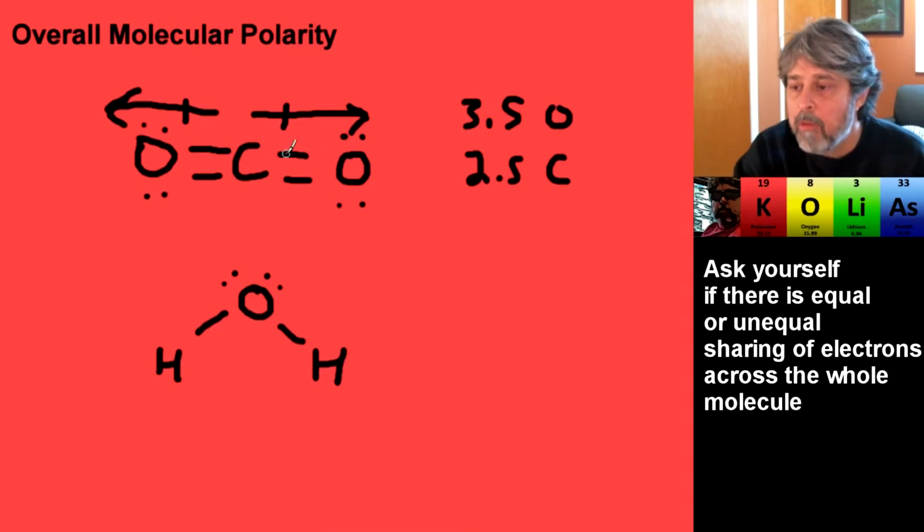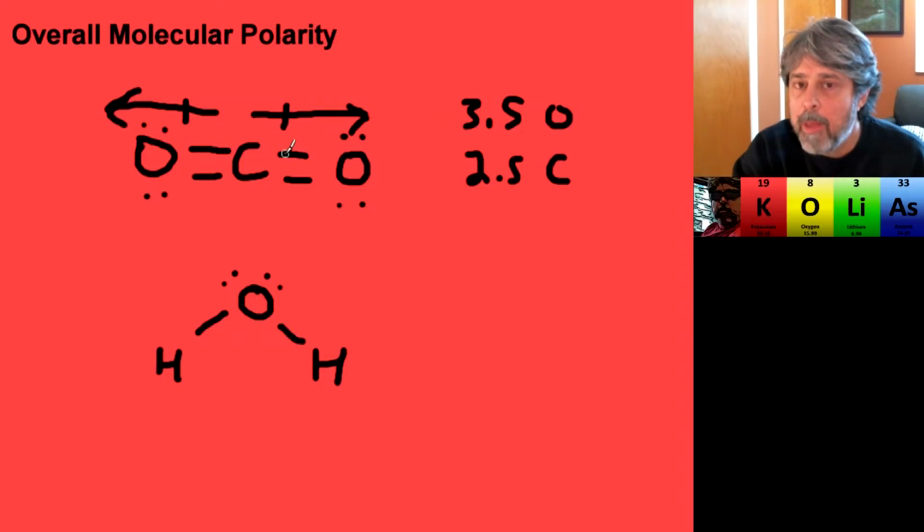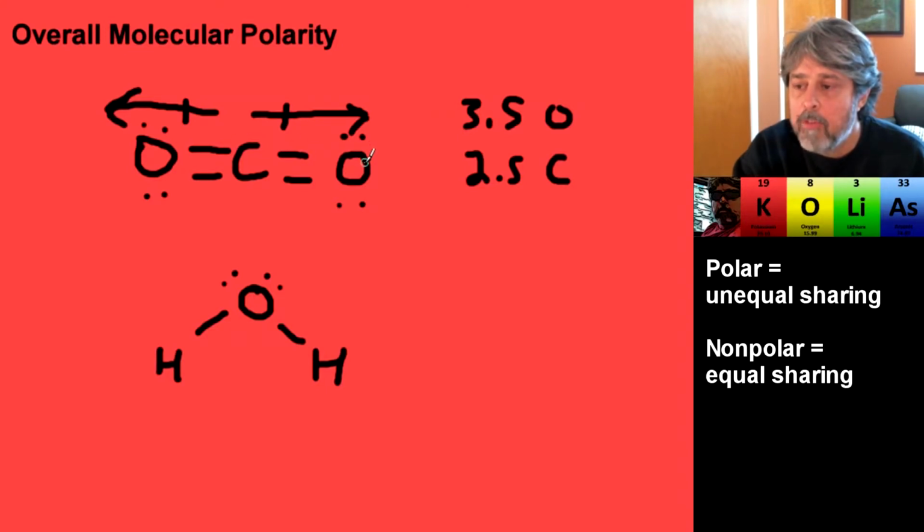They're equally being forced onto the ends here, and because it's a linear molecule, imagine the tug of war going on where you have two guys on the ends who are of equal strength. You're going to end up having equal sharing. Equal sharing means nonpolar. So in this case, our overall molecule is nonpolar.